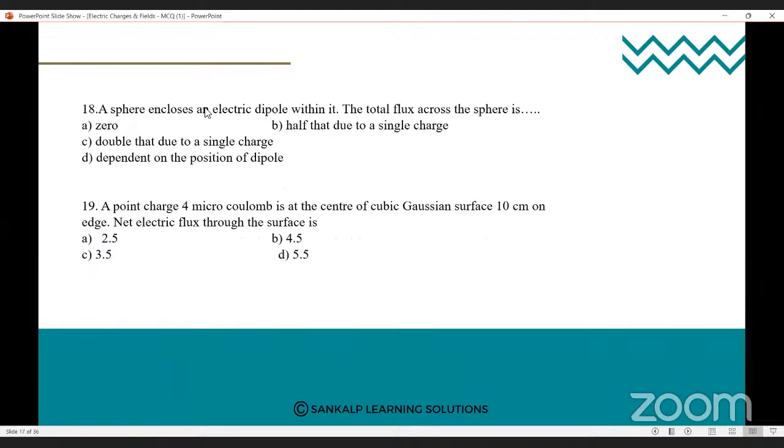A sphere encloses an electric dipole within it. The total flux across the sphere is? What will be the total flux within the sphere? Zero, half that due to a single charge, double that due to a single charge, or dependent on the position of the dipole.